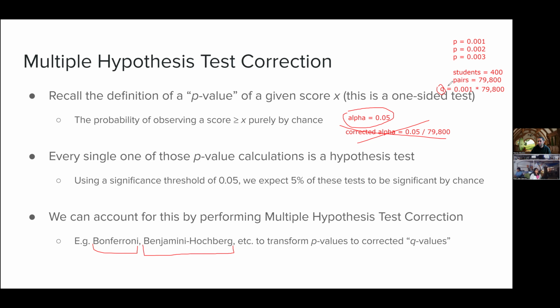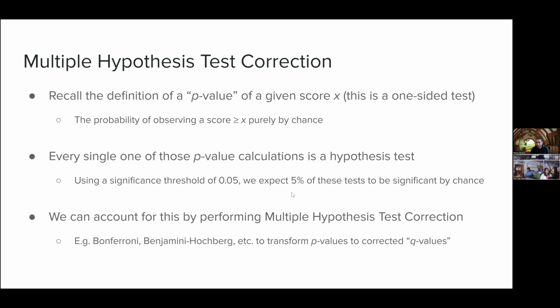So basically, let me blow up my p-values, which makes them less significant, to compensate for the fact that I'm doing so many statistical tests, in a rigorous way that has nice mathematical definitions that control for the false discovery rate or other corrections. Yeah, great question.